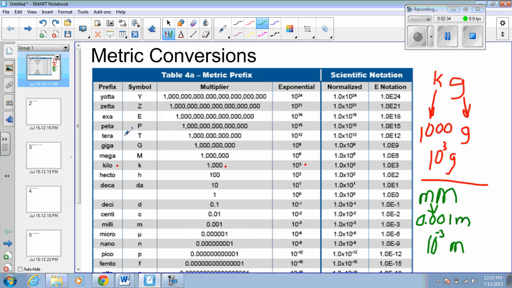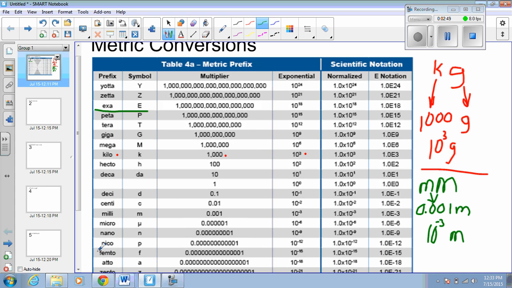So you want to familiarize yourself with this table. You can probably stop at peta and maybe femto. In between there, you should familiarize yourself with and know these.